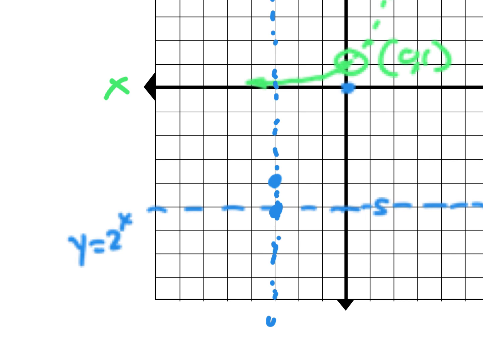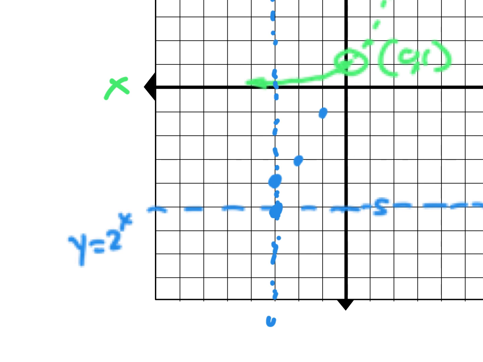And then I know that when I graph 2 to the x, I go to the point 1, 2, because 2 to the first is 2. When I graph 2 to the second, when I go from the origin right to up 4, I'll be right there.